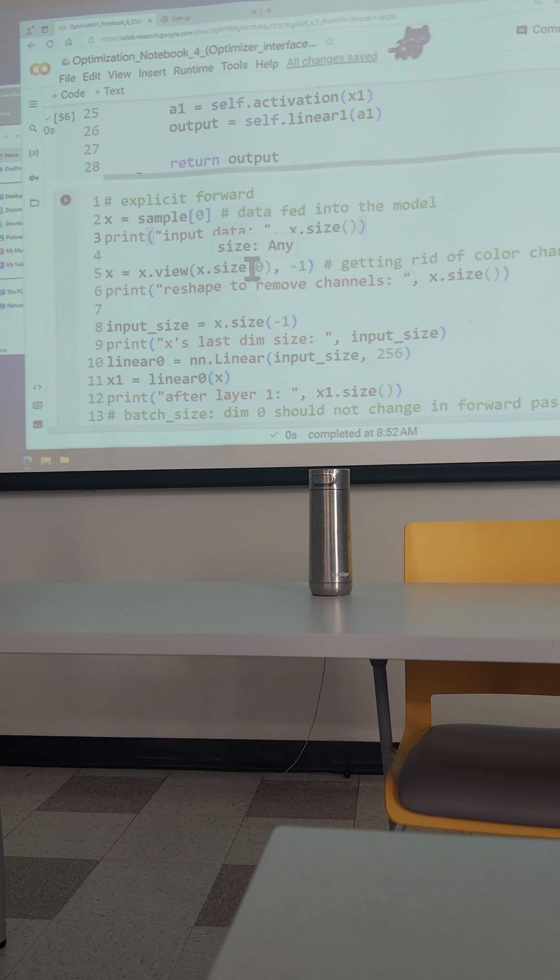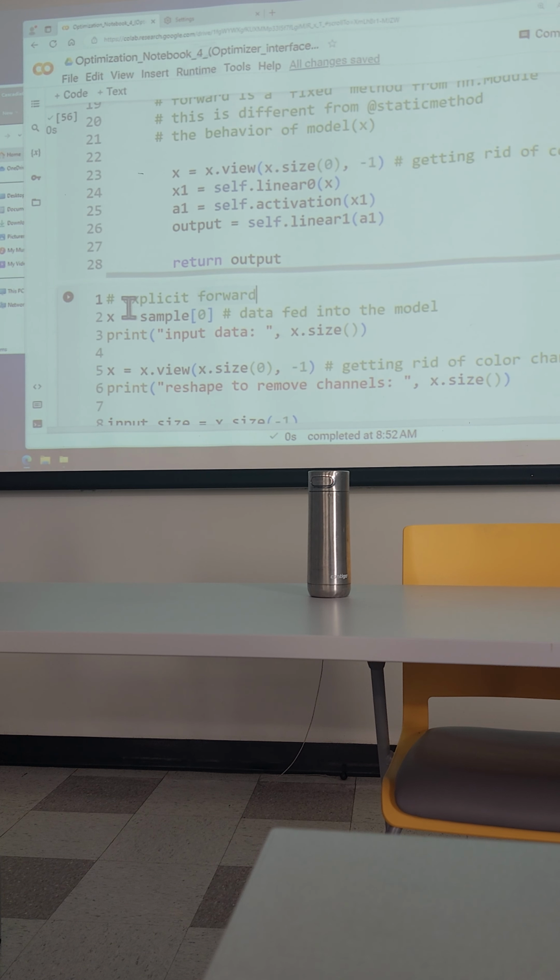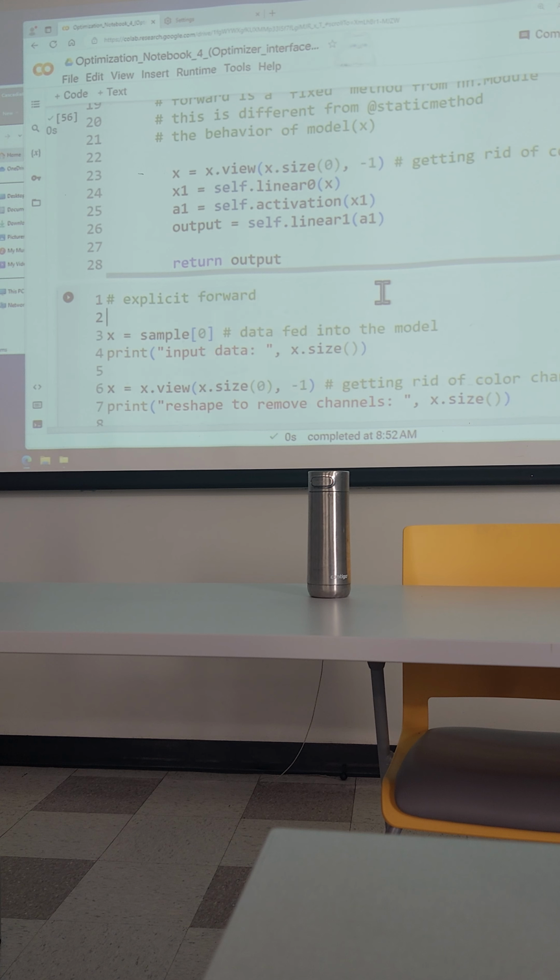For example, if we want to design a new neural network based on existing ones, what do we do? The first thing we want to do is an explicit forward. This is the most basic one, but you can also use something called TensorBoard.